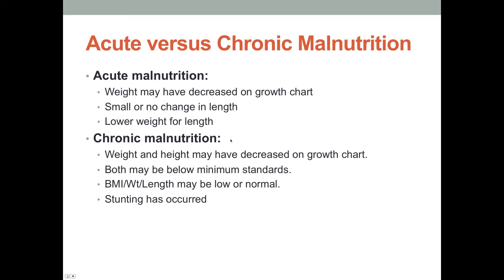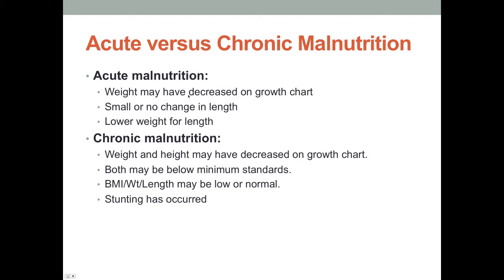Okay. When you're looking to see if a child has acute versus chronic malnutrition, going back to growth and development, remember with acute malnutrition, usually you have an acute decrease in weight. And when I say decrease in weight, it may be that weight simply does not increase, but the growth plot changes, it moves downward.